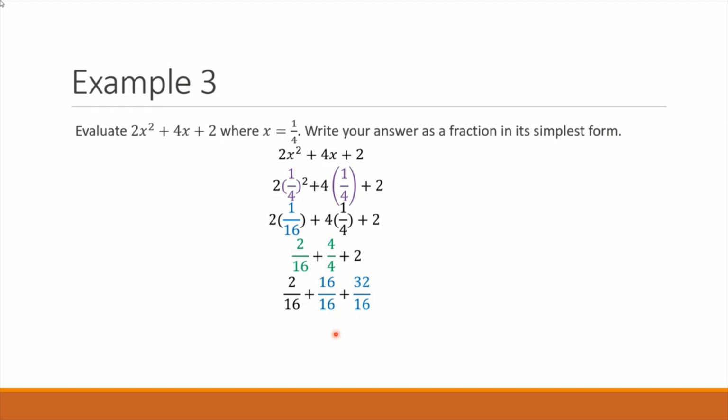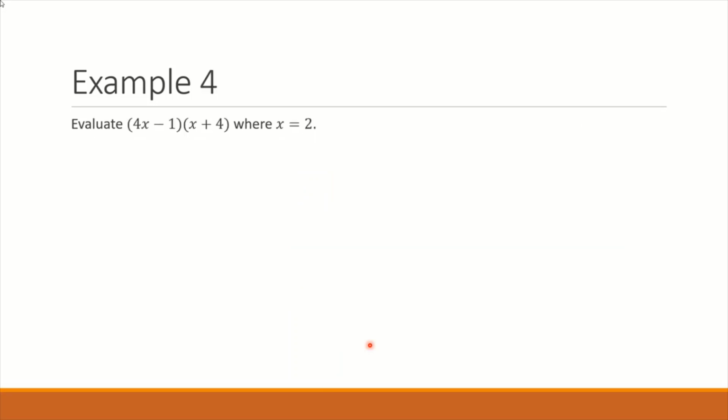Add them together, you get 50 over 16. 2 plus 16 is 18. 18 plus 32 is 50. Then you would simplify this. 2 goes into both of those. So that would be 25 over 18. And that's it.